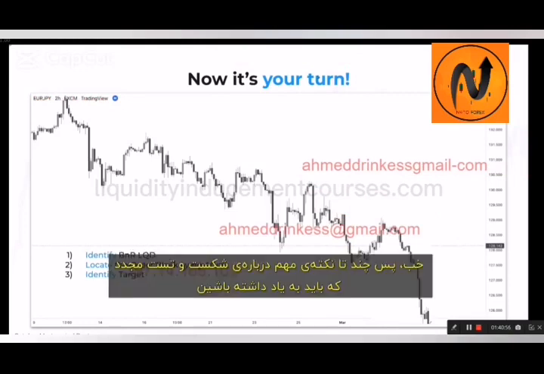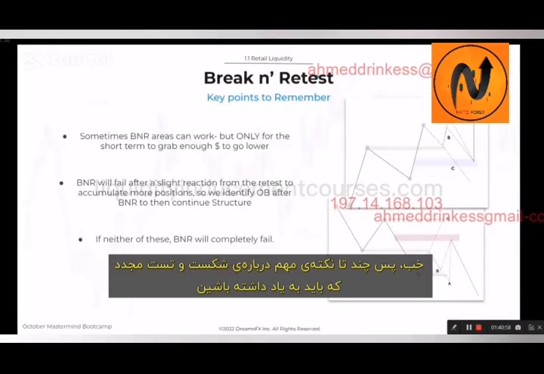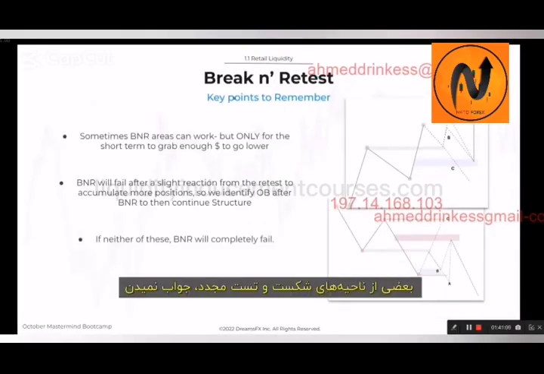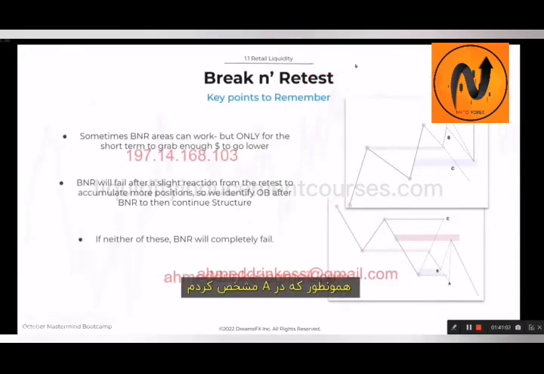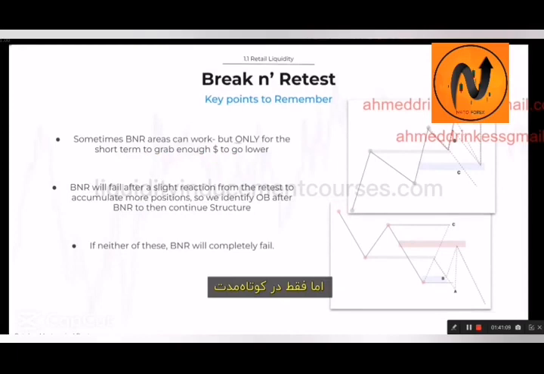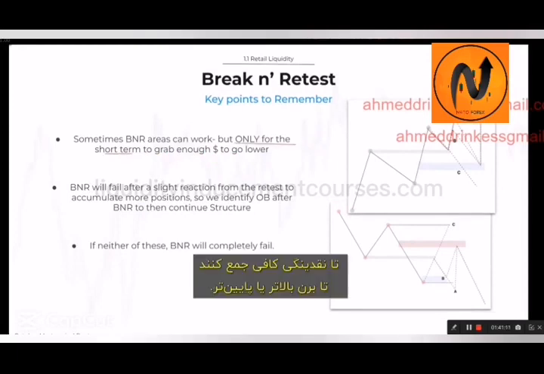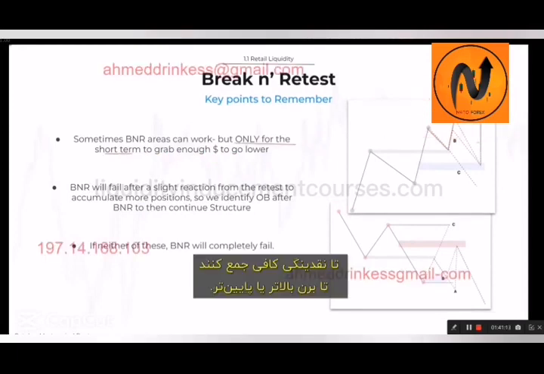Right, so some key points to remember about break and retest. Some break and retest areas can work, as I've identified in A. Sometimes they can work, but only for the short term to grab enough liquidity to go higher or lower.